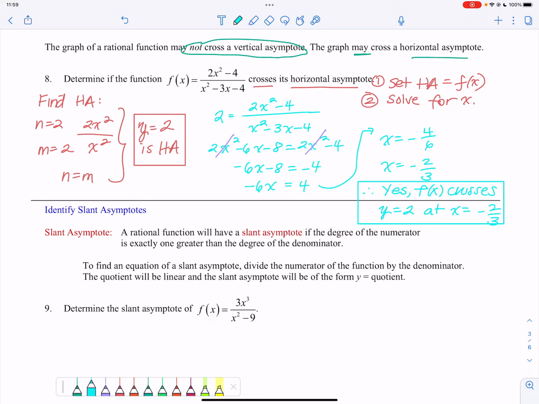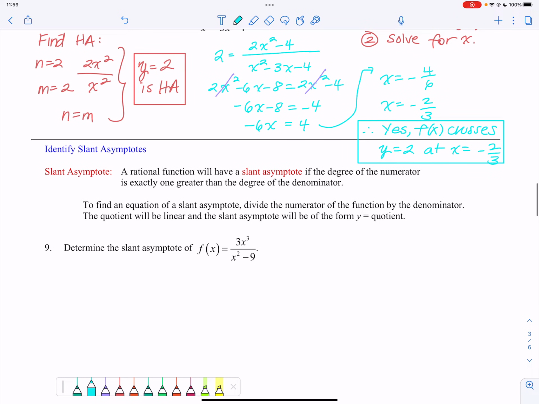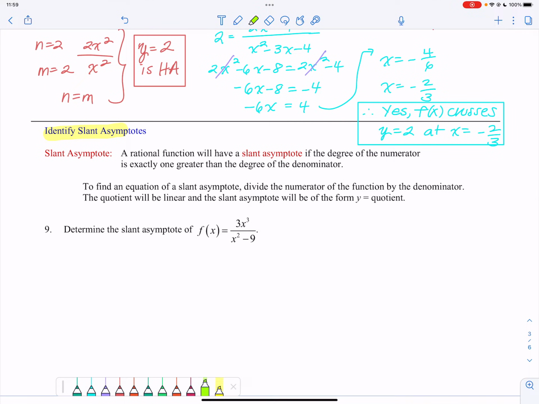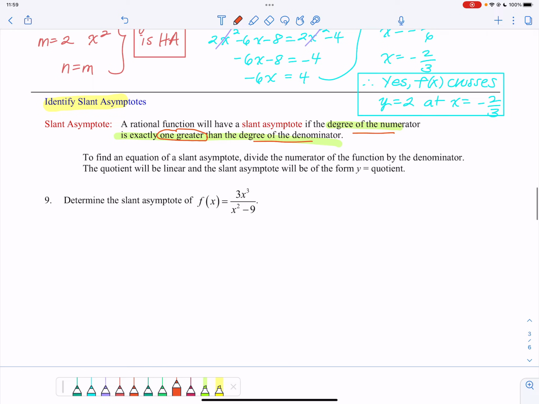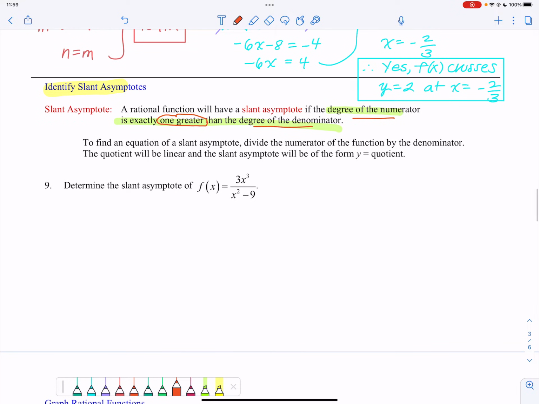Okay. So now we're going to identify a slant asymptote, and we have a slant asymptote only if the degree of the numerator is exactly 1 greater than the degree of the denominator, okay? So, to find an equation of a slant asymptote, we will divide the numerator of the function by the denominator.